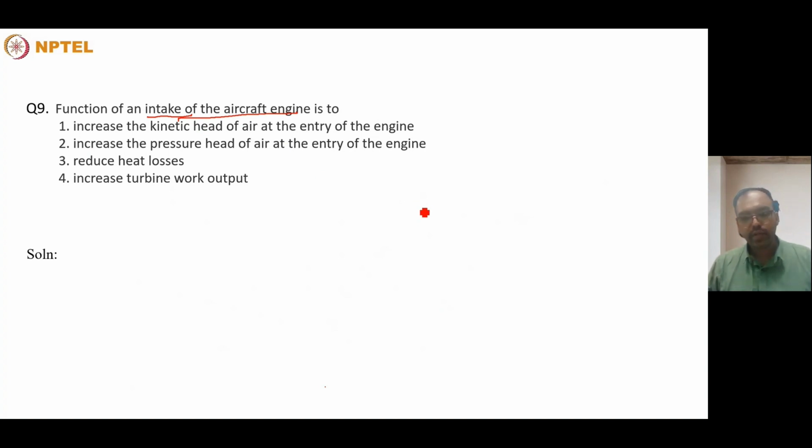For a supersonic inlet, that will be a converging section. For a subsonic inlet, it will be a diverging section, and that will increase the pressure head of the air at the entry of the engine, to provide air at a higher pressure to the combustion chamber. So the function of the intake is to increase the pressure head of air at the entry of the engine.